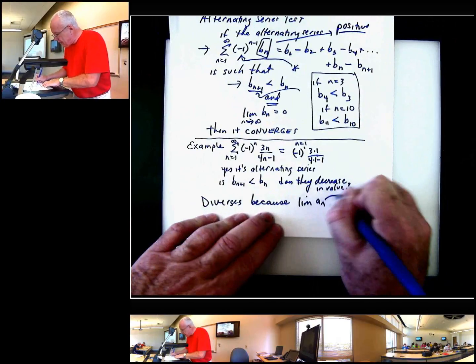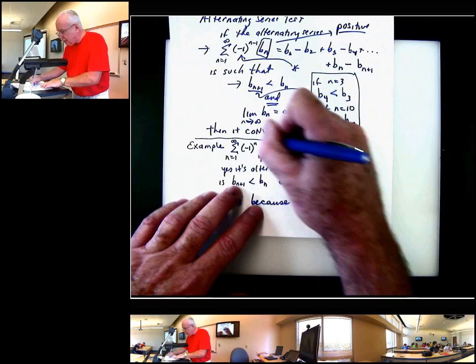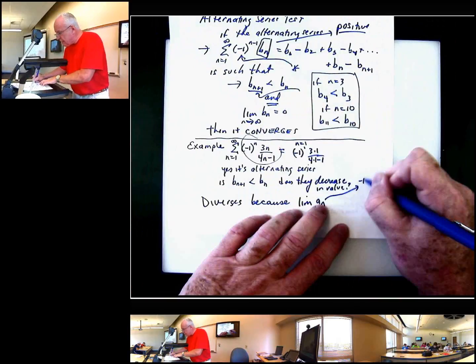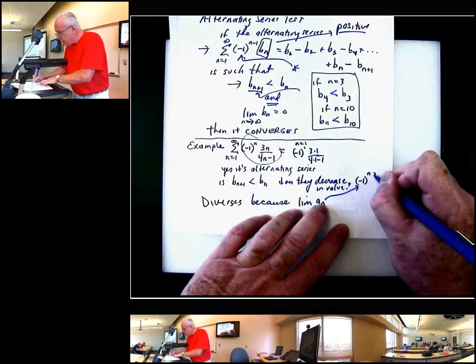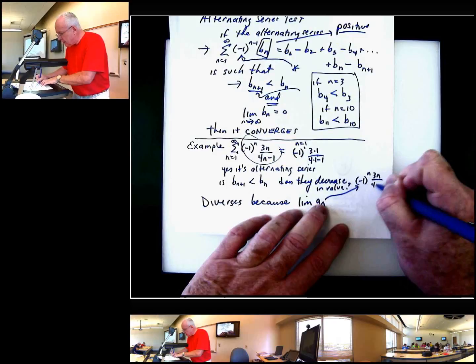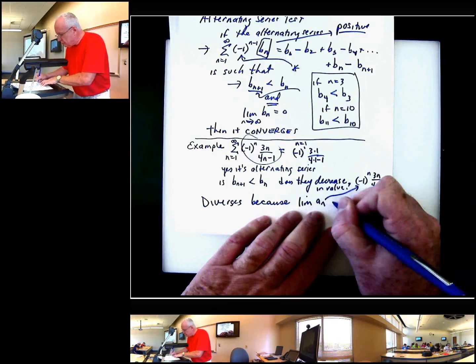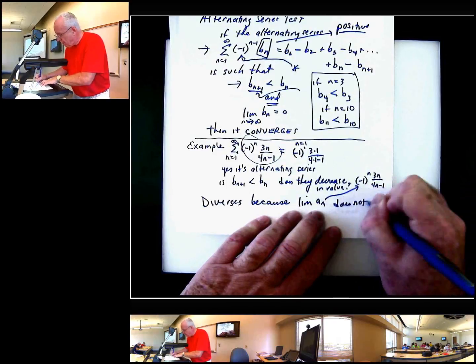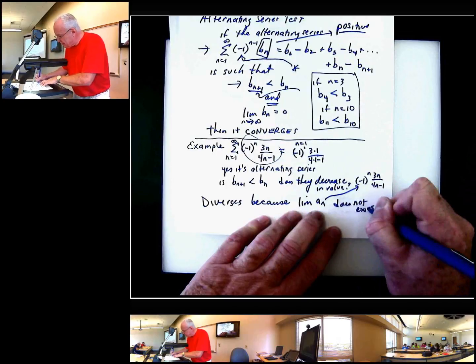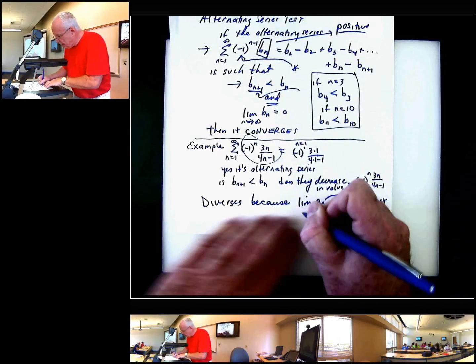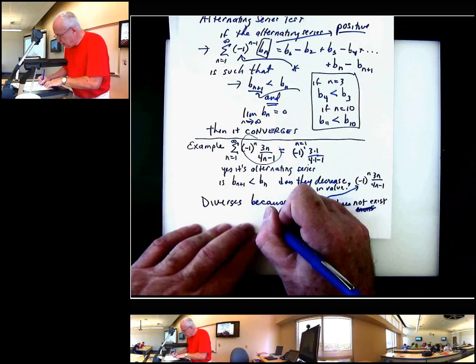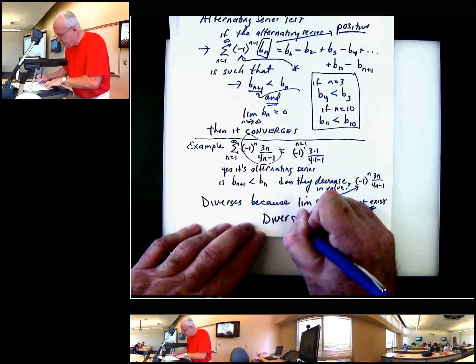Now here the a sub n is the whole thing, (-1) to the n, 3n over 4n minus 1. That limit does not exist. So therefore, the divergence test tells us it diverges.